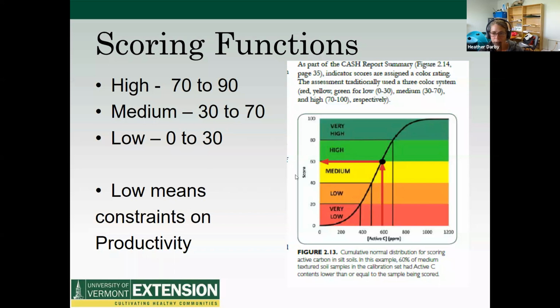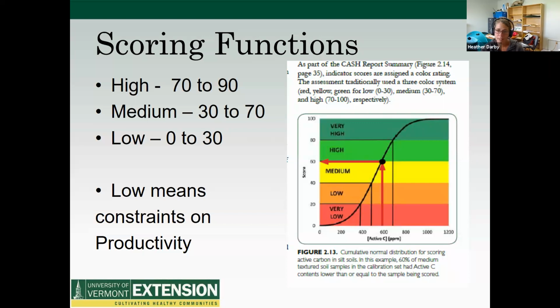It translates into, here's just an example of an active carbon range that was seen in the soil test report. So it's just like taking a chemical test and getting back those interpretations. So if you take a chemical test and the chemical test measures, you know, 4 parts per million of phosphorus, that gets interpreted into a score, basically, in a chemical test of very low, low, medium, optimum, or very high.